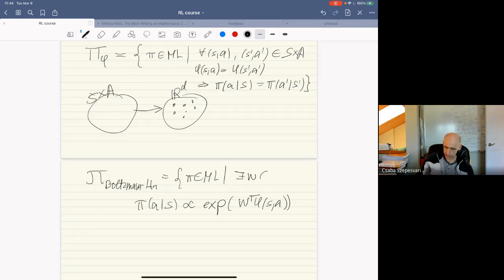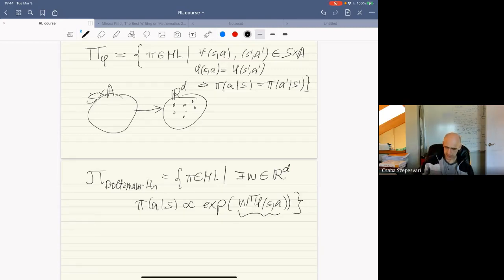So for some weight vector W, the probability of choosing action A in state S is proportional to this inner product. You can think about this as a score: you're scoring all the actions, and in proportion to the score, you're increasingly likely to select the actions.